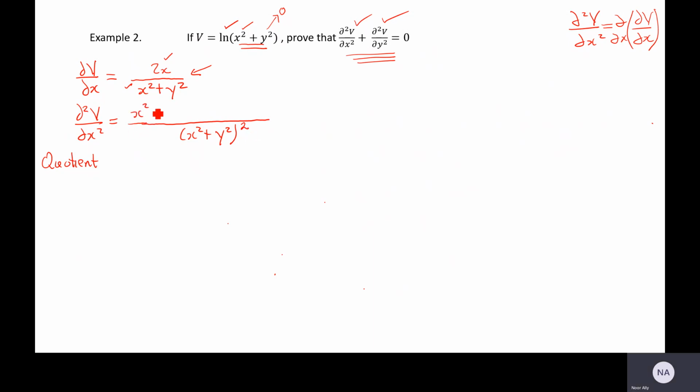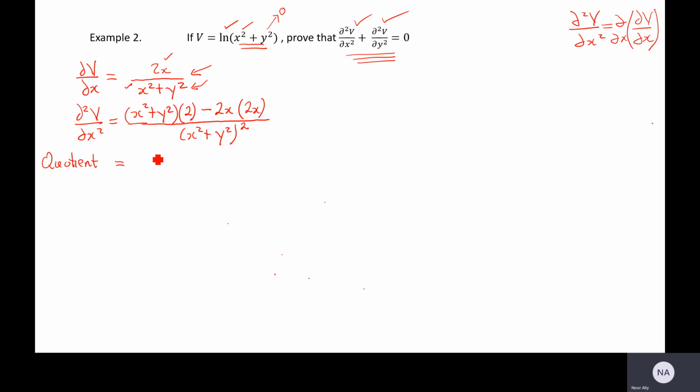Now let's leave the denominator x squared plus y squared and differentiate the numerator with respect to x. We notice there's a 2x, so that will be times 2. Then minus, now I leave the numerator and differentiate the denominator with respect to x. X squared, the derivative there is 2x. What about y squared? That derivative should give me absolutely 0, because y is the constant, I'm differentiating with respect to x.